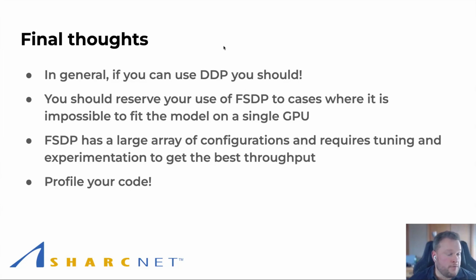Because in this case, what we found with both our models is that it probably isn't worth it. But with other models, you might find something different, and you also need profiling to be able to optimize your throughput when you're moving to a multi-GPU setup.